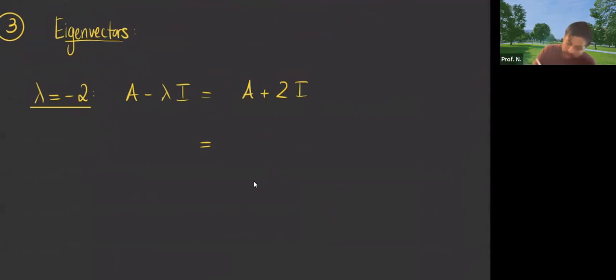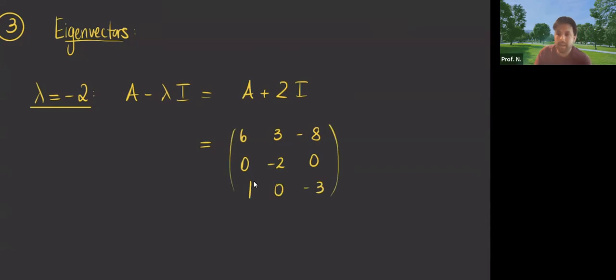A was 6, 6, 3, -8, 0, -2, 0, 1, 0, -3, right? I'm adding to that 2, 2, 2.